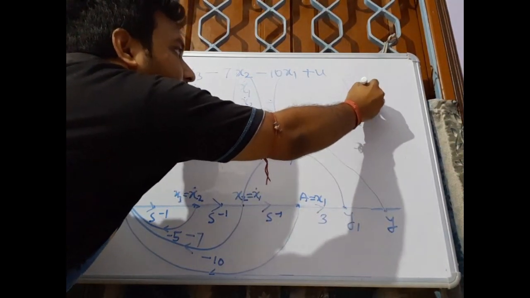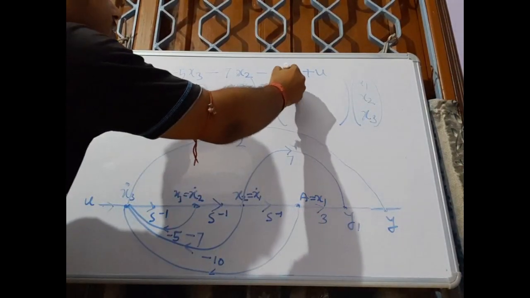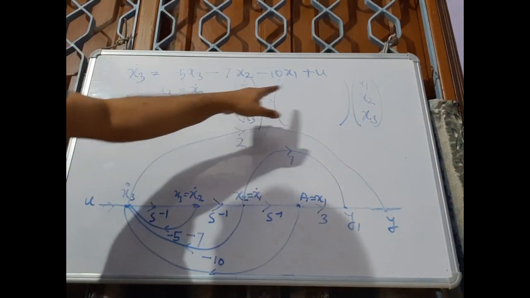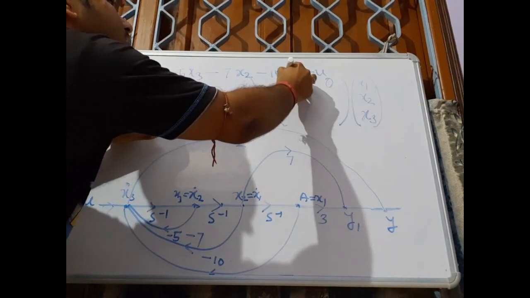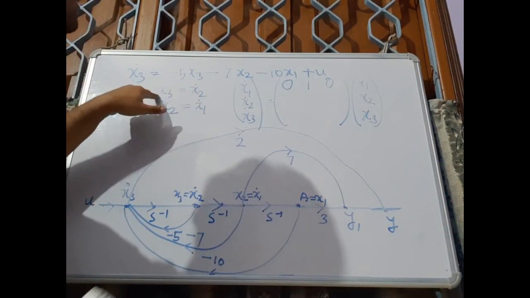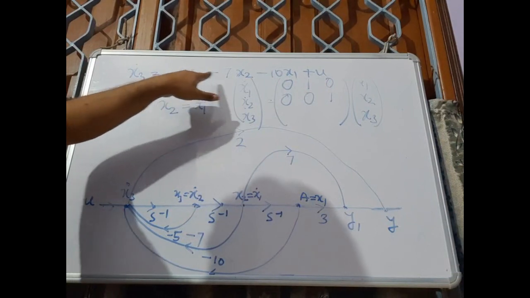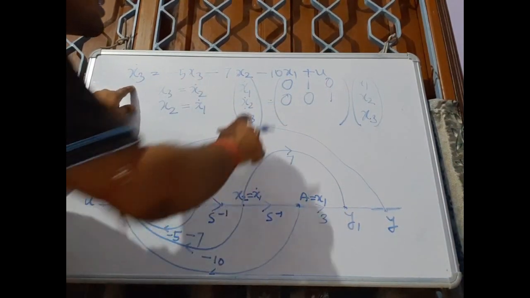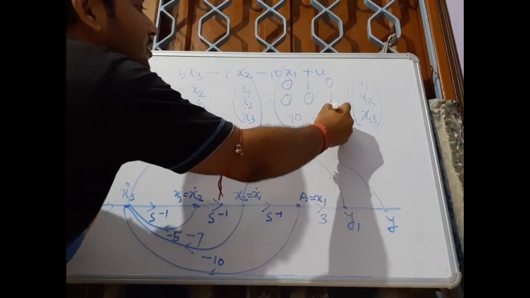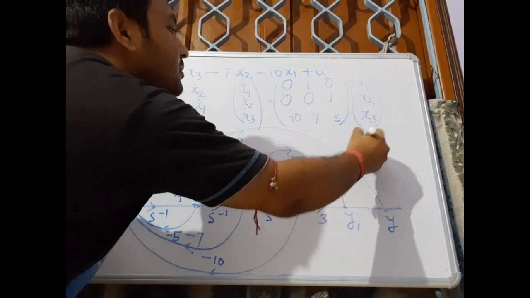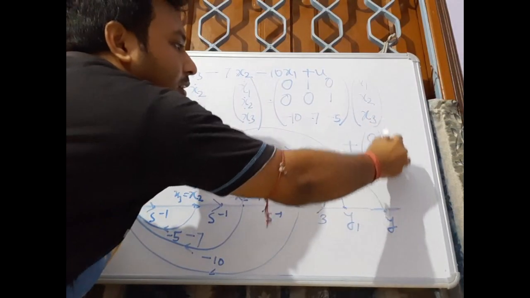This is x1, x2, x3. x1 dot is x2, so this will be 0, 1, 0, and x2 dot is x3, so this is 0, 0, 1, and x3 dot is equal to minus 10x1 minus 7x2 minus 5x3, plus u, meaning [0 0 1] into u.